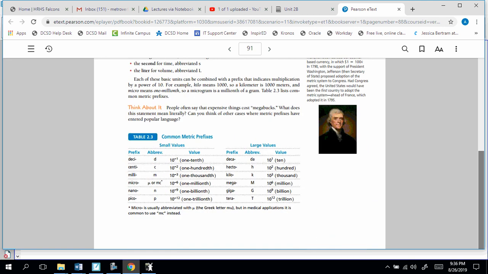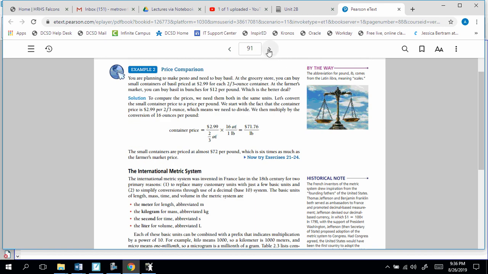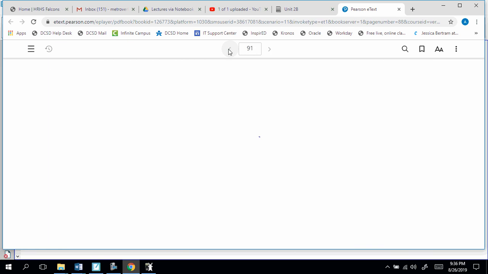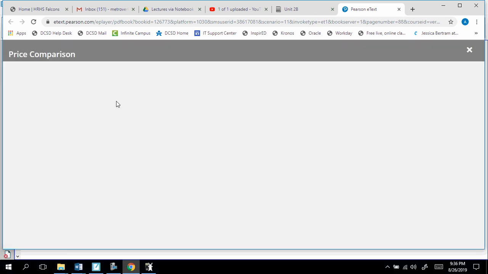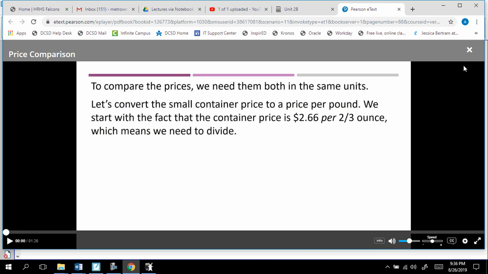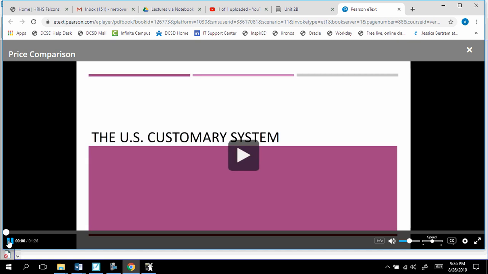Right here, price comparison, it goes right through the problem, and there's a nice video here. Let's look at the example using the U.S. customary system for change.